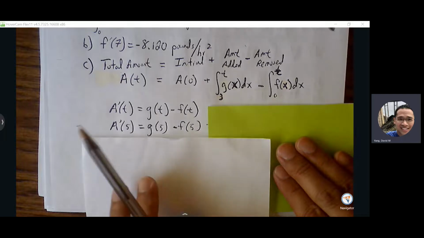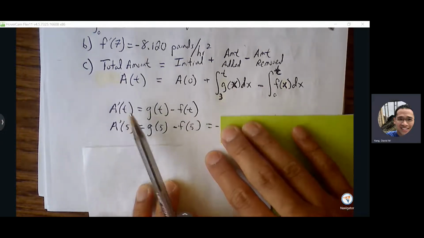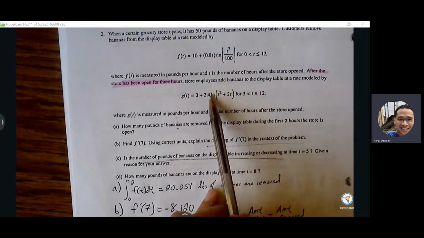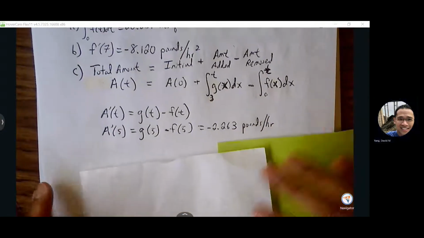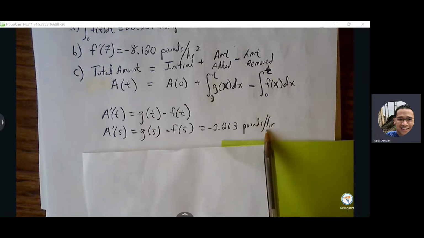Okay, so g of 5 minus f of 5, we make the calculator find those values for us. Simply enter 5 in for g of x and for f of x. Subtract those values, and we get negative 2.263 pounds per hour.